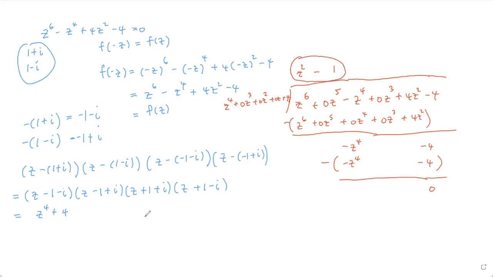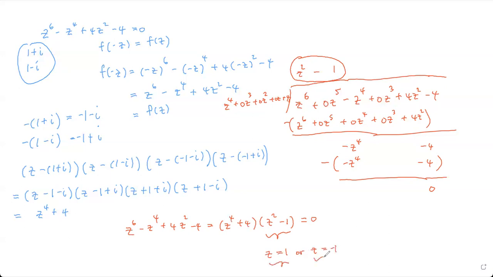In other words, I can rewrite this as the product of the two factors. Solving this, I can say that z = 1 or z = -1.